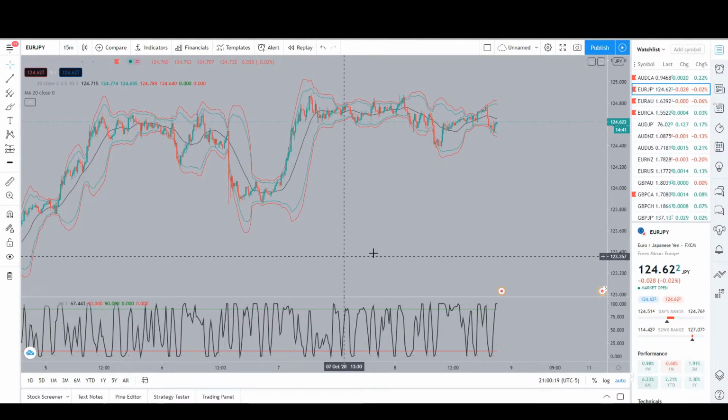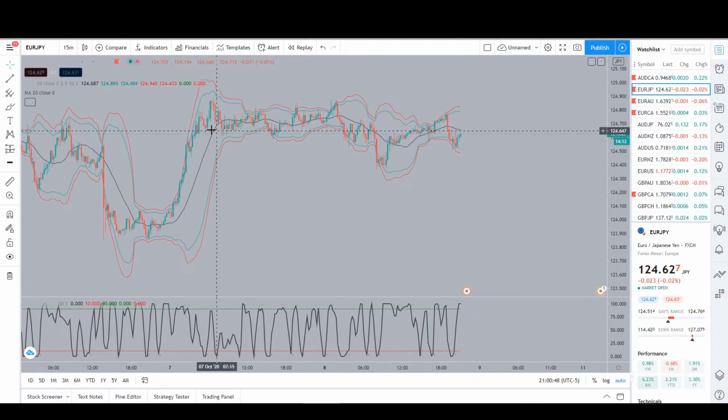But anyways, Euro JPY. What I found is that in between 4 p.m. and 8 p.m. there has been a predictable rise in the market as well as a drop afterwards. So we're at 4 o'clock, and in between 4 and 8 there's been a rise and a drop.